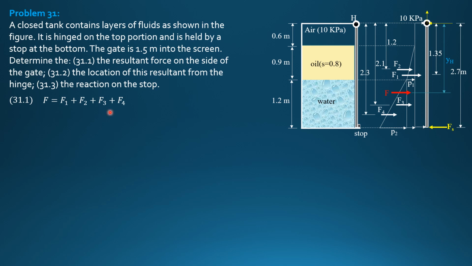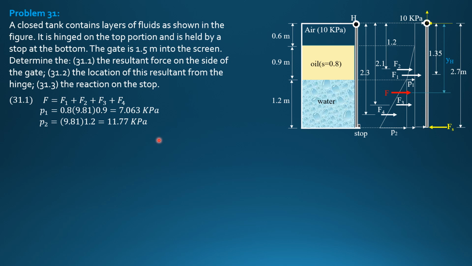So F1 is the volume of the pressure diagram. By the way, P1 is 0.8 times 9.81 times 0.9, so 7.063 kilopascals. P sub 2 is the specific weight of water, 9.81, times 1.2. Just this pressure for this triangular pressure diagram, 11.77 kilopascals.